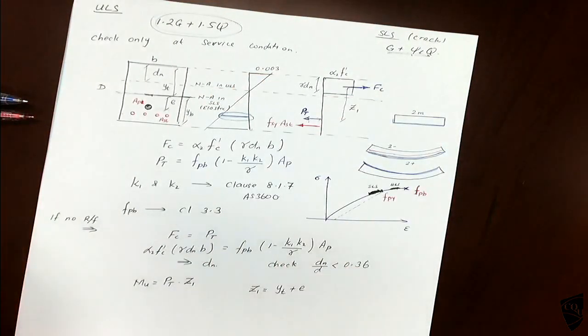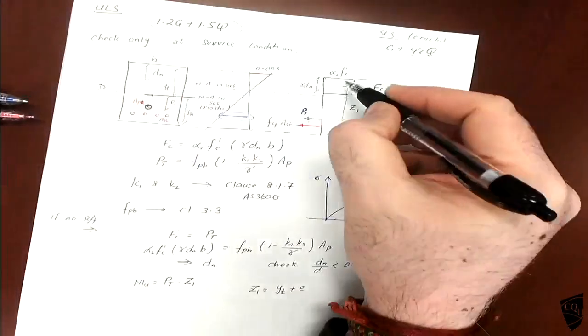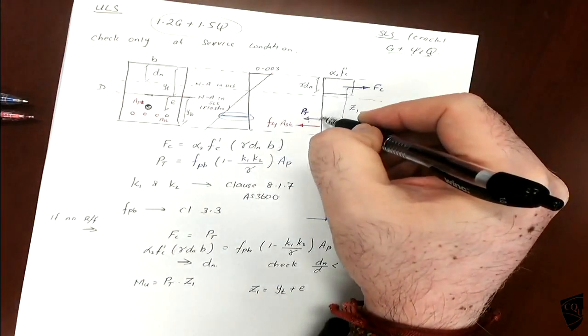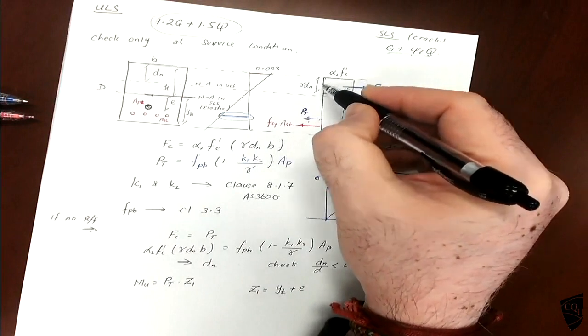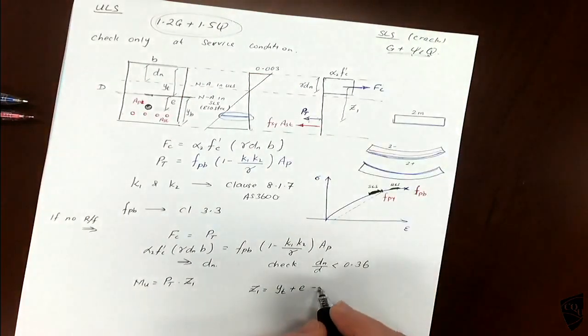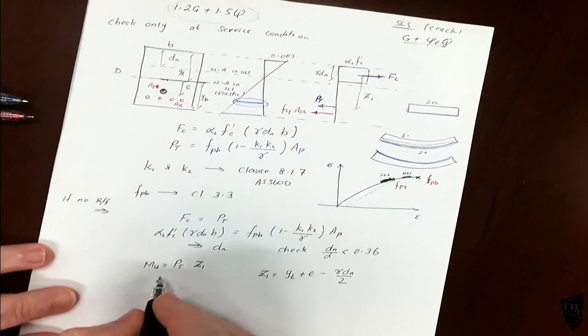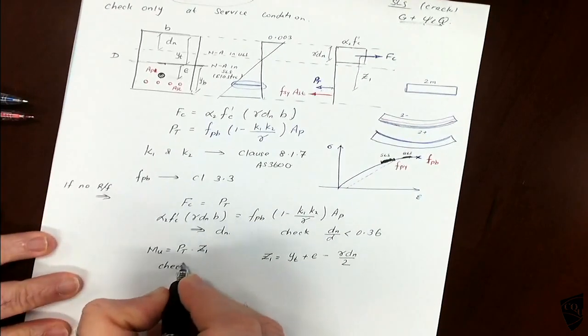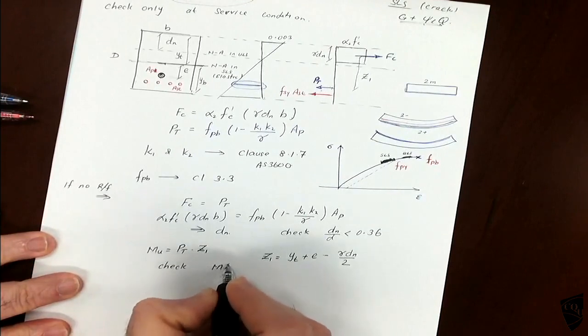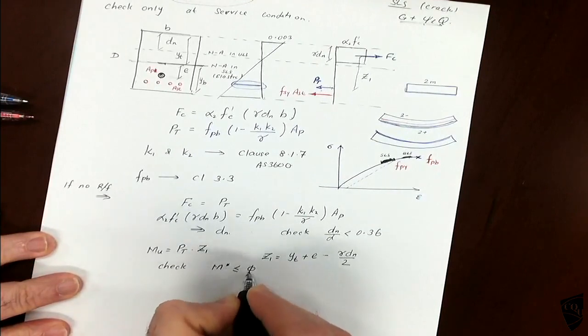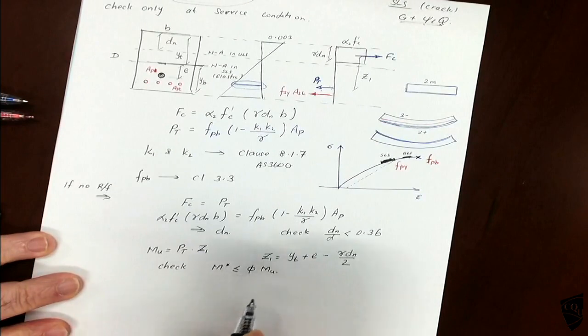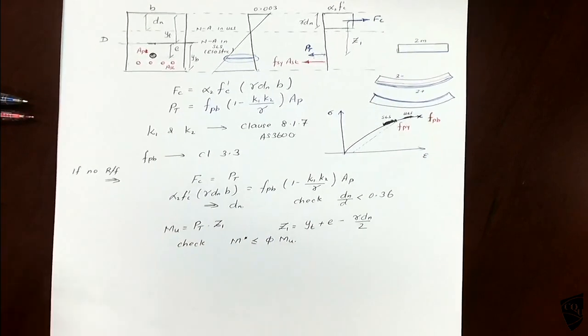Then this one, half of that, minus half dn by 2. Okay, so you should be able to calculate and check M star less than phi Mu, and if it is okay, that's okay.